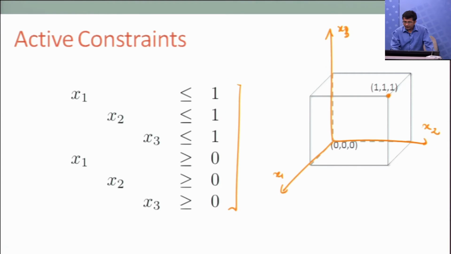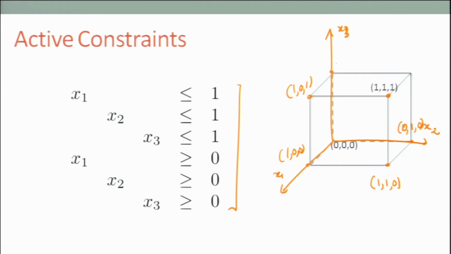So the vertices are 1, 1, 1, 1, 1, 0, 1, 0, 0, 1, 0, 1, and 0, 0, 1. So there are going to be 8 vertices in this polyhedron.